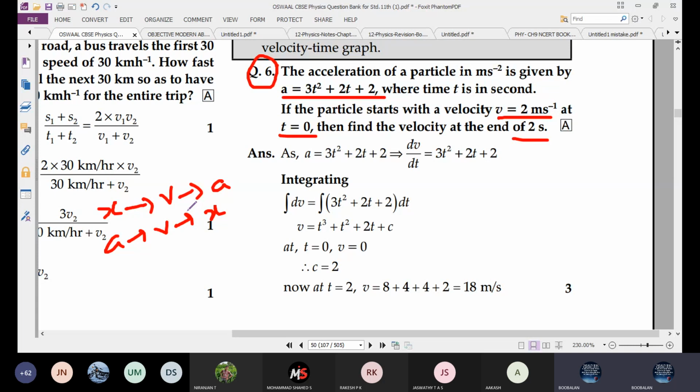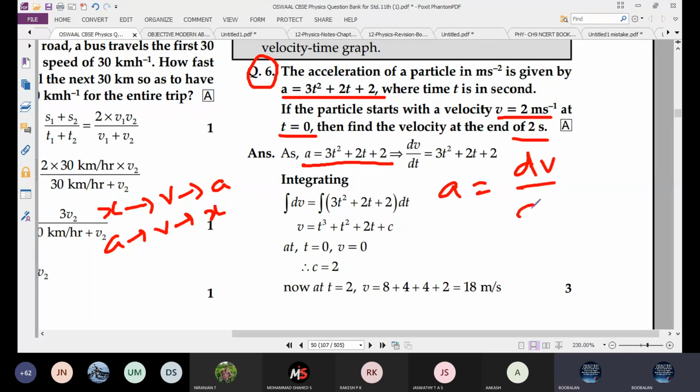Okay, listen. The value of a is 3t square plus 2t plus 2. Integration formula: integral dv is equal to integral a dt. That is, a is equal to dv by dt.